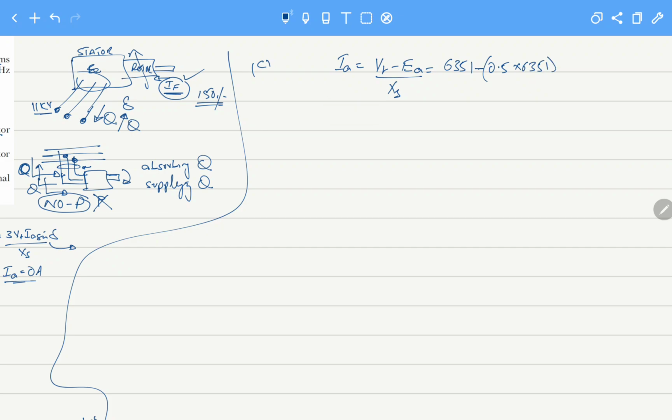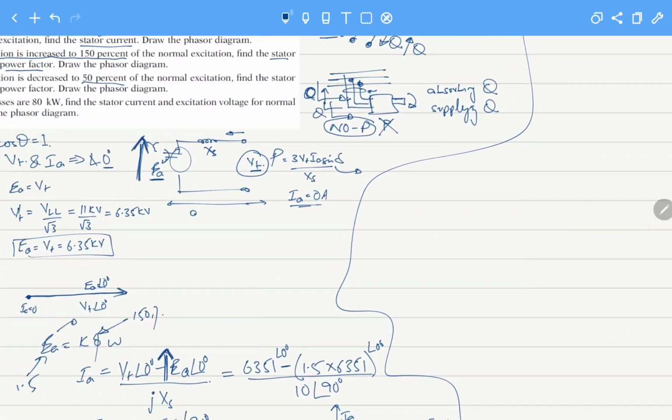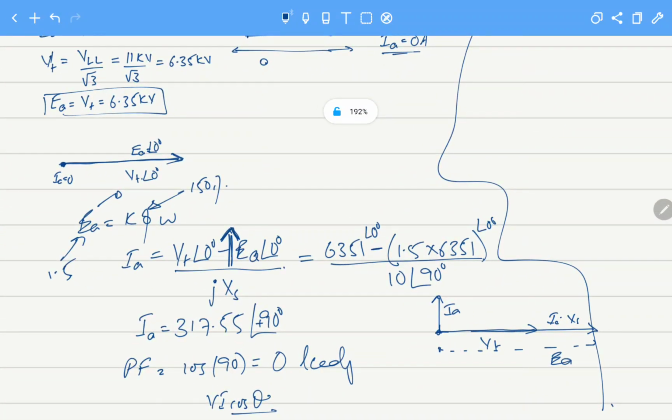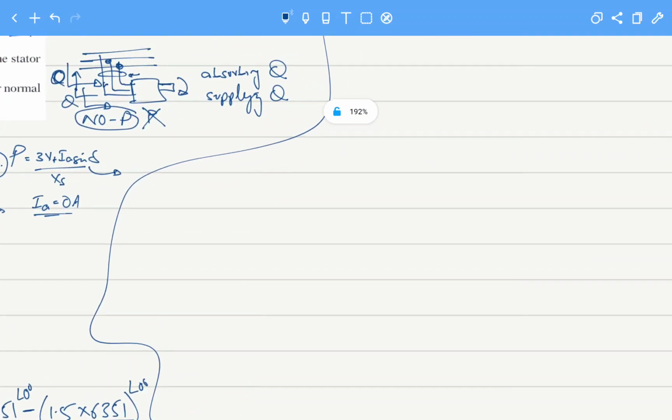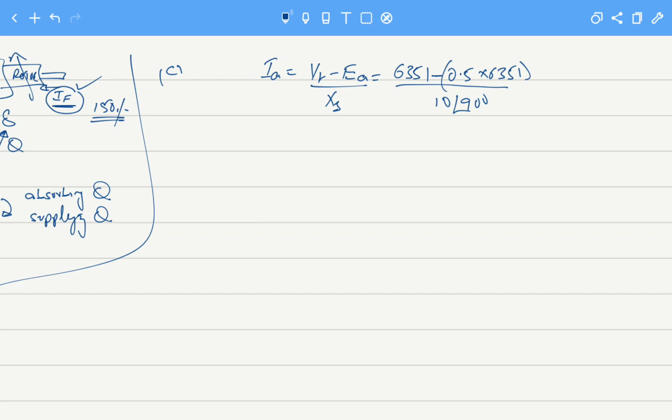This will be similar to what we have done here, but for the new scenario it will be like this. Again the angle is 0 here and also 0 here, so the value of Ia will be 317.55 amperes.